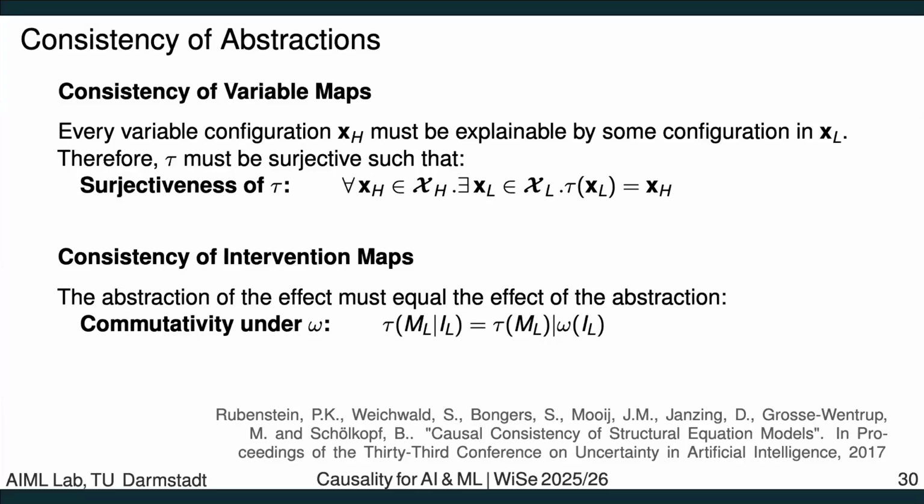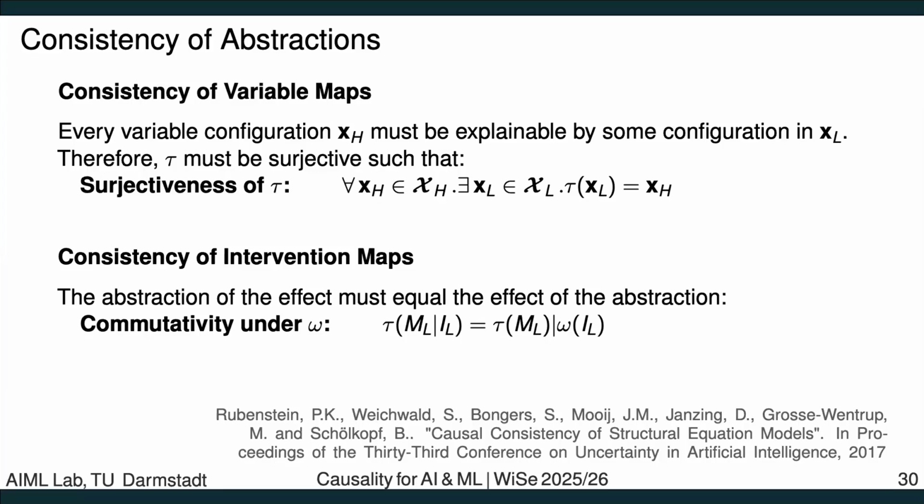So we always need an explanation on the low level that could explain something we see on the high level. You can think of it as: there can't be a high-level variable configuration that is not supported by your lower level. For example, maybe negative temperatures in Kelvin, right? You can't have negative energy or something. So you need to be sure that your high-level model is consistent with the things that can happen on the lower level.